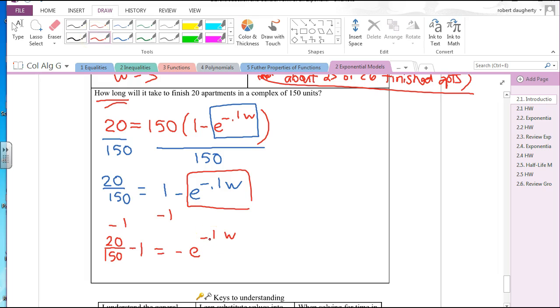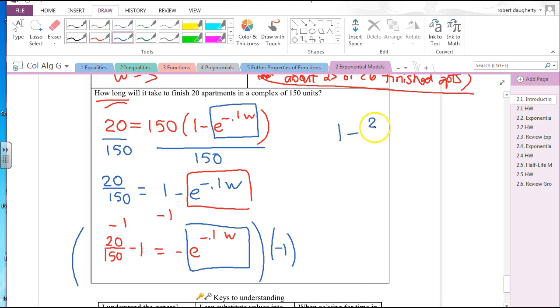Okay. I want this to be by itself. Is it by itself? What's it got now that's in the way? That negative sign. So what could I do to this? I could divide by -1 or multiply both sides by -1. Okay. On the left side, I will get 1 minus 20 over 150. Everything just changes signs.